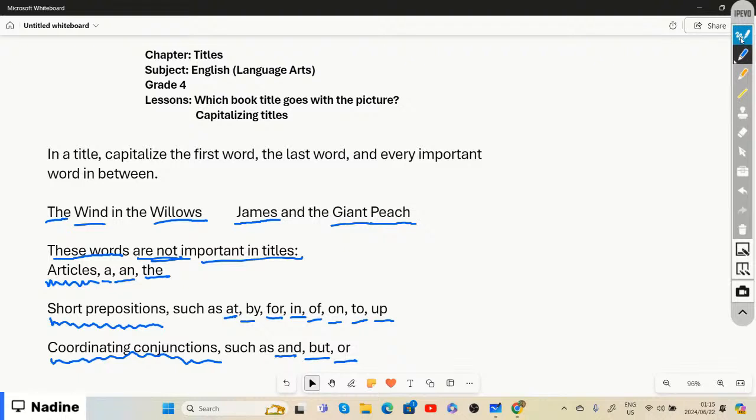So keeping in mind that within the title, we capitalize the first word, we capitalize the last word, and we capitalize every important word in between. And those we call titles.